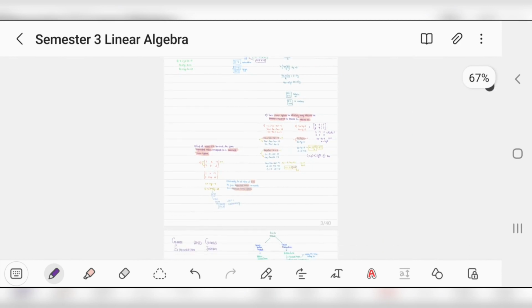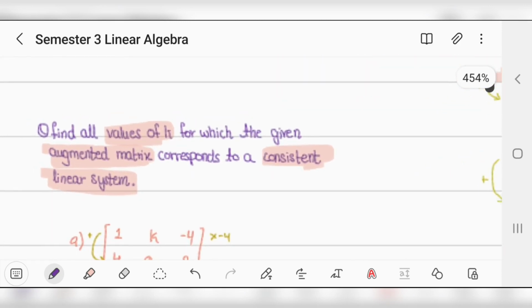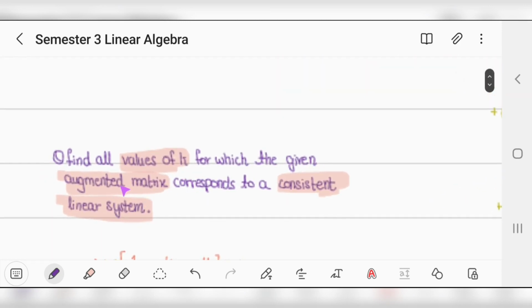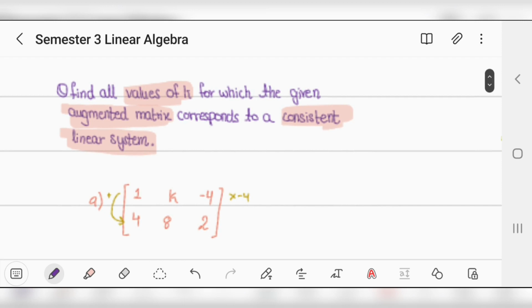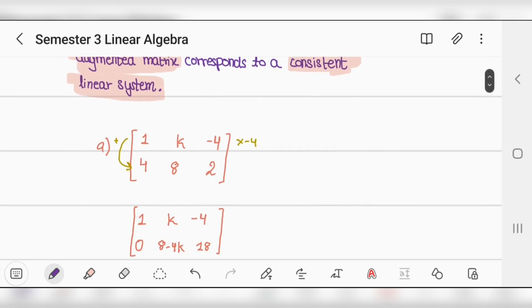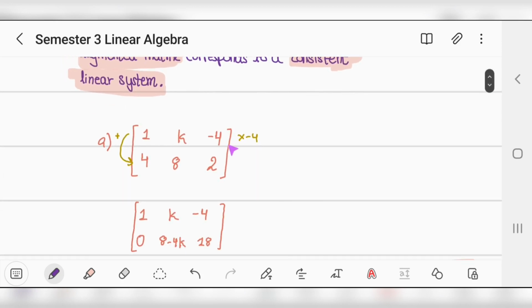Okay, then we have the last question: find all values of k for which the given augmented matrix corresponds to a consistent linear system. So we have this. Okay. So I have done the operations. I have multiplied this by minus 4 and I have made all of this 0. Multiply this by minus 1, this would be 0 only.